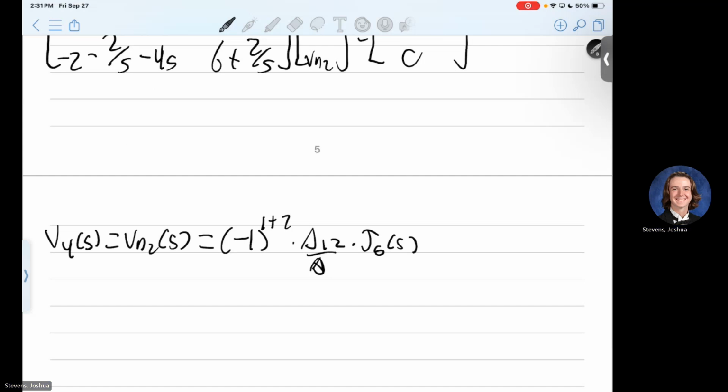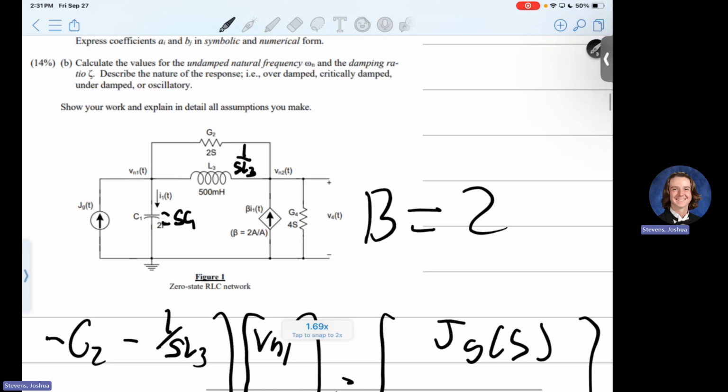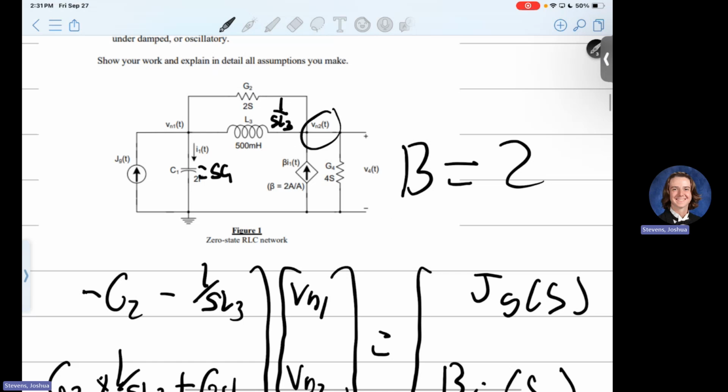So Vn2 is denoted as, why do we, I think that'd be more of a math question. How I've always looked at it is just that's what we do for Vn2, is look at delta 1,2.